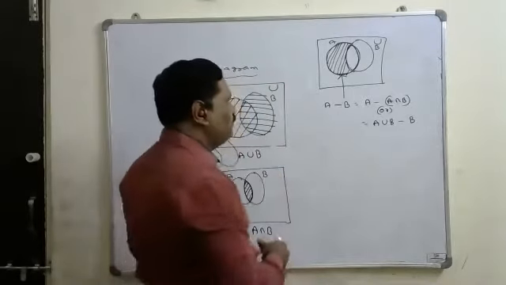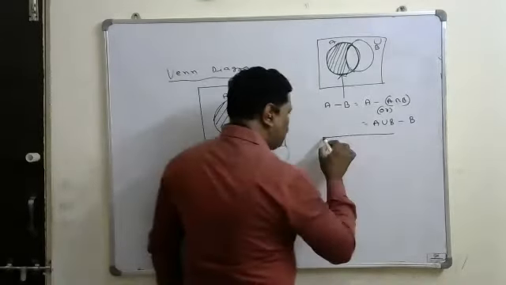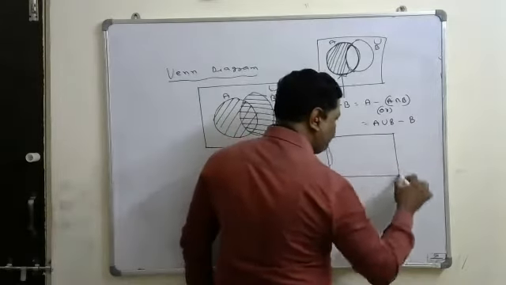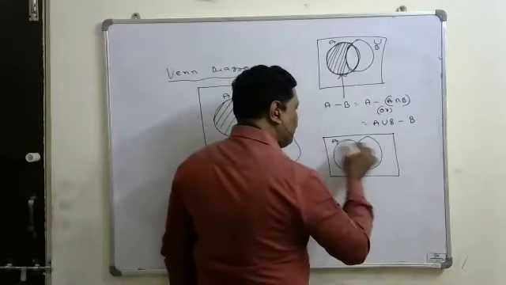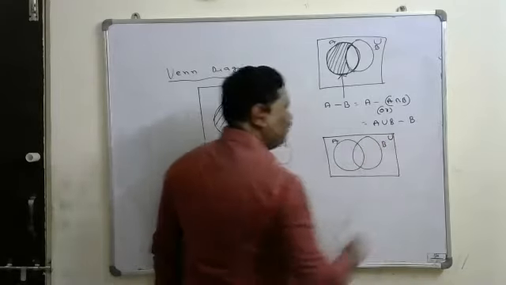Okay. Similarly, if we consider one more hashed area, suppose this is set A and this is set B and this is the universal set.